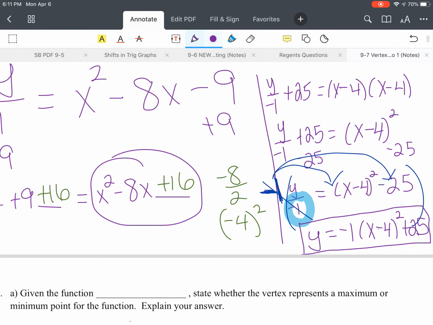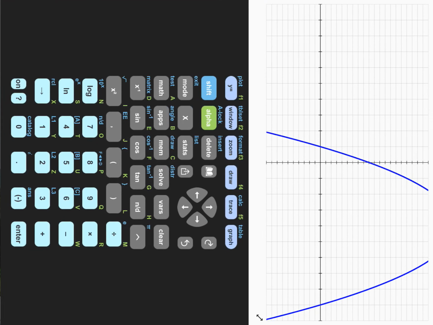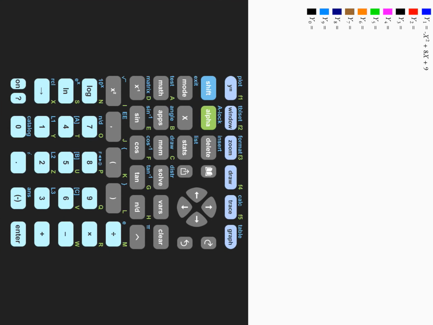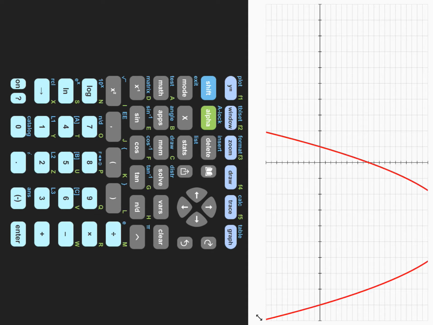If you want to check if your answer is right, let's go to our calculator. We already have the first one typed in. Let's now type in the one written in vertex form. When we graph them, one should graph right on top of the other, and it does.